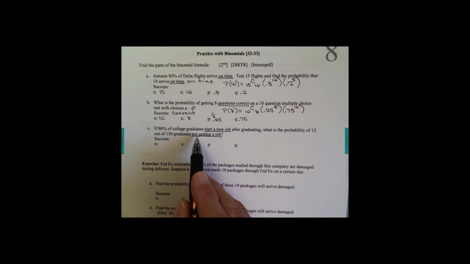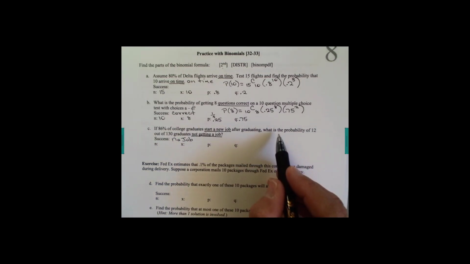This is what you have to watch for, because what they gave us, this is my success, is not no job, okay? Now, in nobody's book is that a success, but in this experiment, it's what they're calling a success, all right? So the probability of success, P, has to be the probability of not getting a job. Now, that's going to be confusing, but let's watch it as we go through. What we're looking for is 12 out of the 130. Well, my number I'm choosing from is 130.